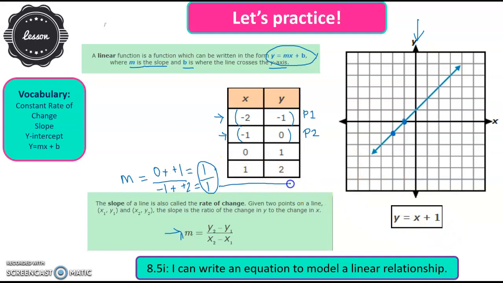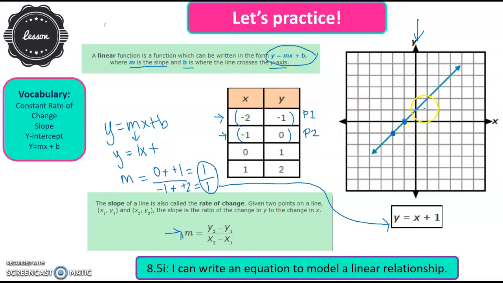So it's already down here. y equals x plus 1, because if we're plugging it into the y equals mx plus b, we just solved for m, and we said m is 1. The x stays the same, plus b, where the line crosses the y-axis.